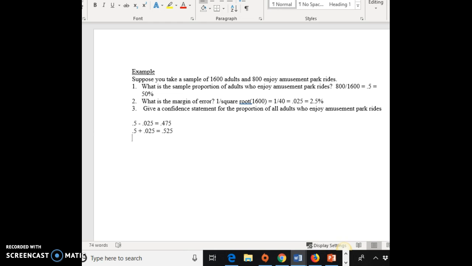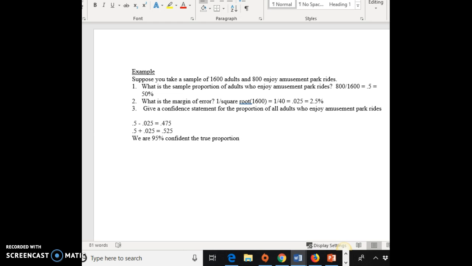For all of these 95% confidence statements that we're going to do, they'll start the same way. We are 95% confident. And when we refer to the true proportion or the true mean, we're talking about the population proportion.